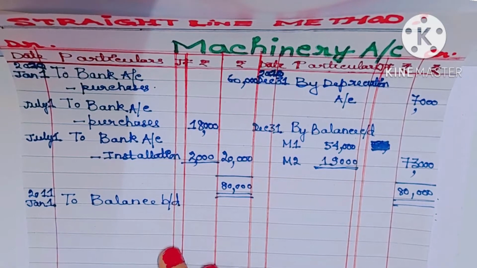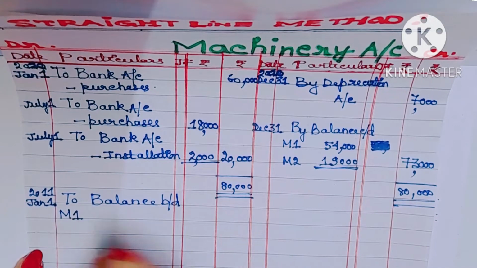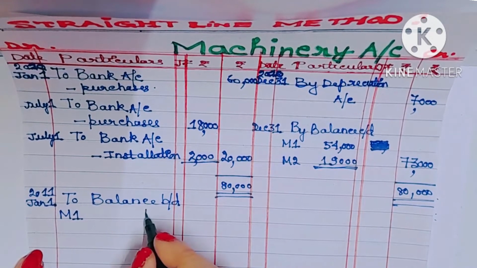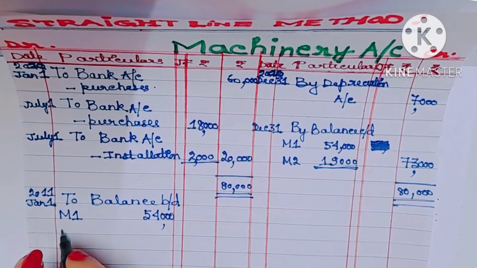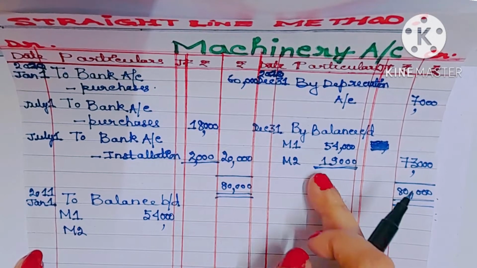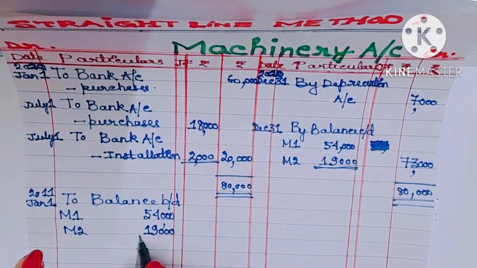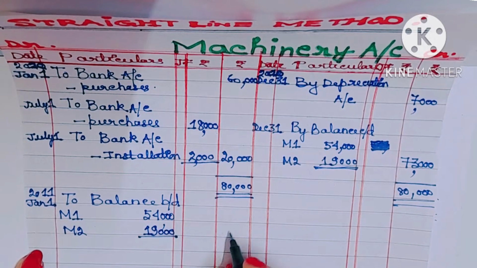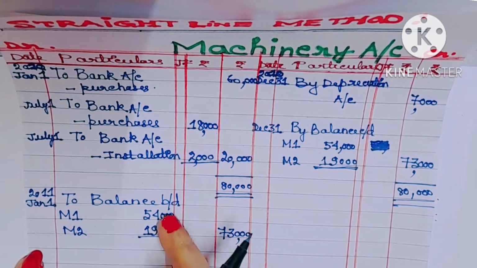Now remember, we again have to write M1. This thing we have to write here, 54,000. M2, 19,000. Understood? Now we have to write 73,000 in the outer column. That is 54,000 plus 19,000.